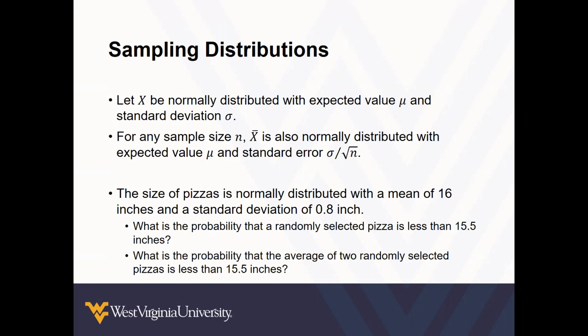Returning to the pizza example, we can use the information we have with the characteristics of the normal distribution to better understand the situation. First, let's find the probability that a randomly selected pizza is less than 15.5 inches, and then find the probability that the average of 2 randomly selected pizzas is less than 15.5 inches.